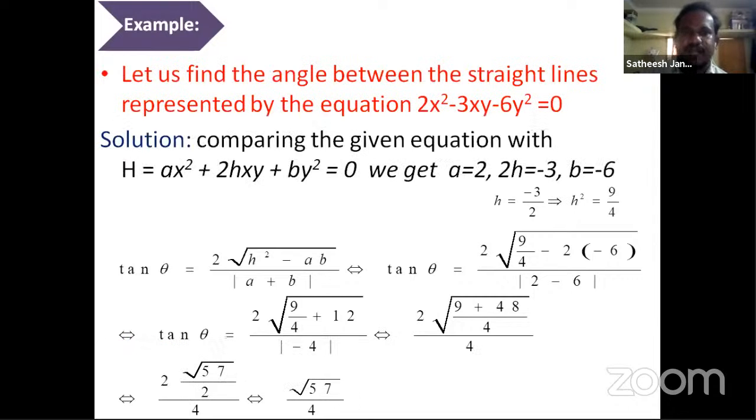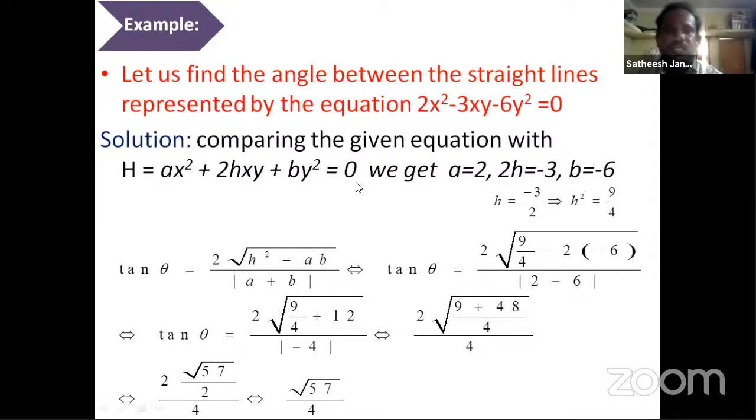Let us find the angle between the straight lines represented by the equation 2x square minus 3xy minus 6y square is equal to 0. Solution. Comparing the given equation with the pair of lines ax square plus 2hxy plus by square is equal to 0.